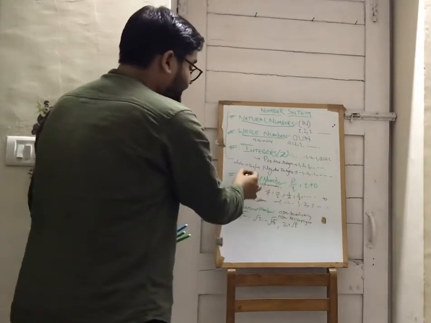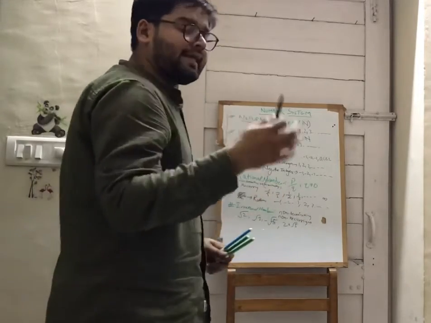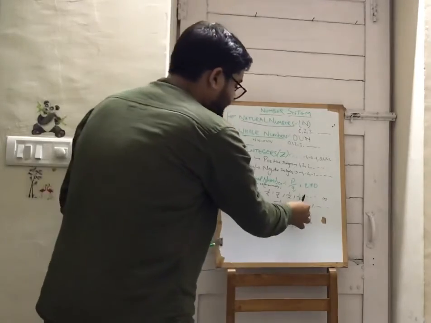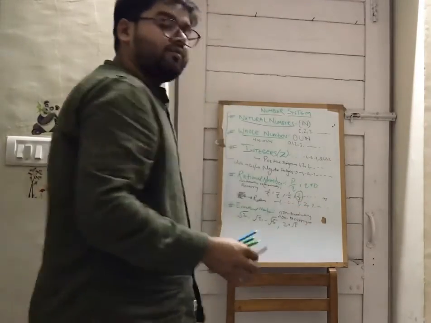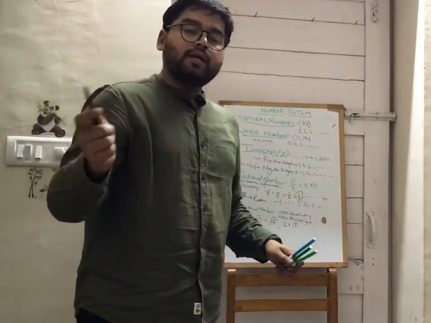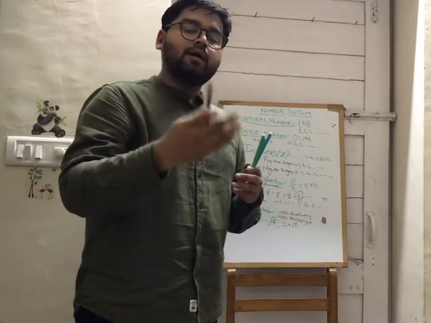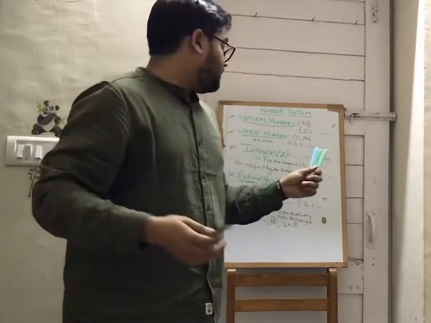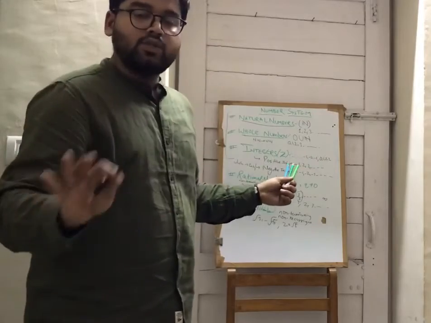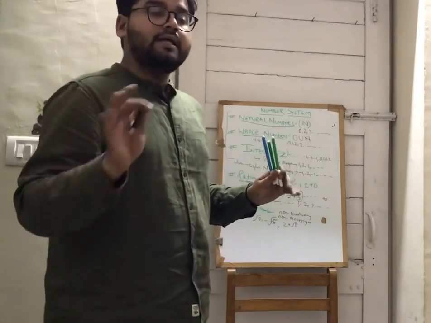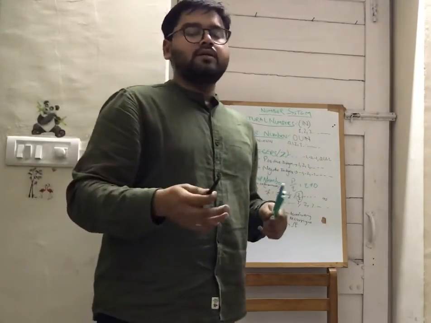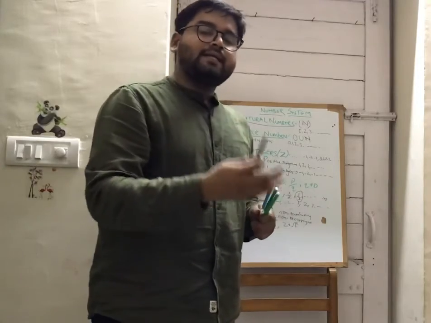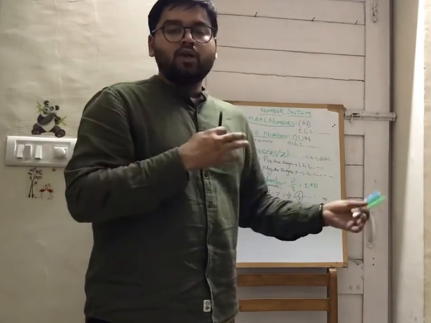A rational number can be non-terminating but repeating, like 1/3. 1/3 is a repeating number. So it's recurring, meaning a digit comes every time, but it's non-terminating, it never ends. Non-terminating means never ends. Like, have you seen the movie Terminator? From that we got the names terminating and non-terminating.